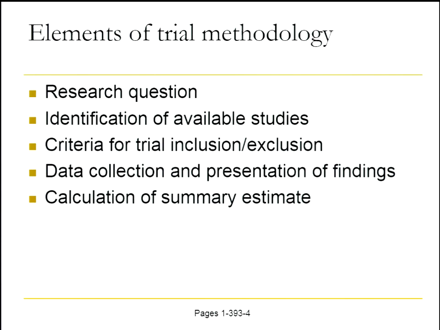We want to know how the investigators chose the 18 or so studies that they included, and why did they exclude the 2 studies that weren't included? That's essential in how we are choosing these types of studies. Ultimately, there's going to be a calculation of some summary estimate. That's important in the overall effect that's being measured.